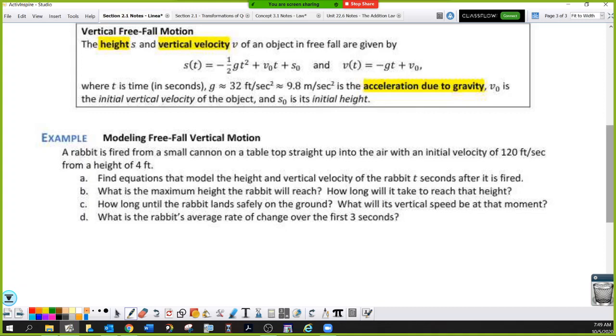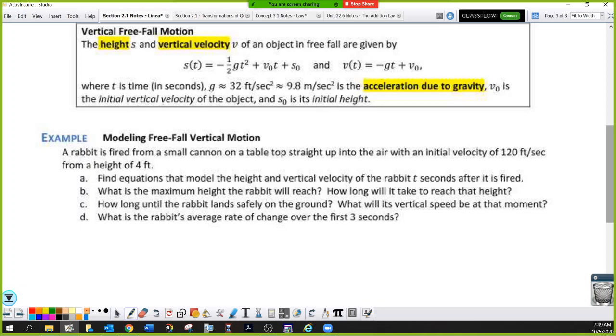So the height, s, and the vertical velocity, v, of an object in free fall are given by these 2 equations. You see I've got a g there and I've got t. G is going to stand for gravity, and we are going to use either 32 feet per second squared, which is in imperial units, ours here in the States, or 9.8 meters per second squared for the rest of the world.